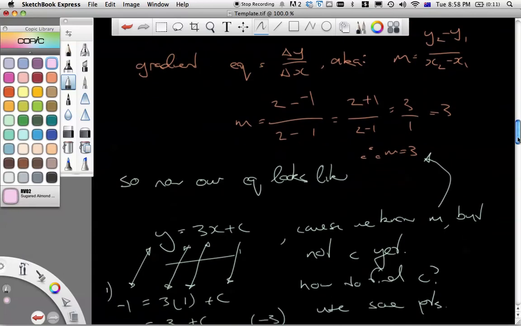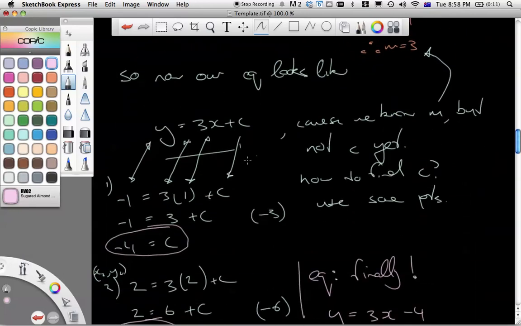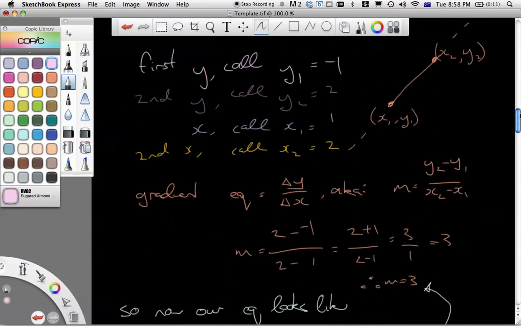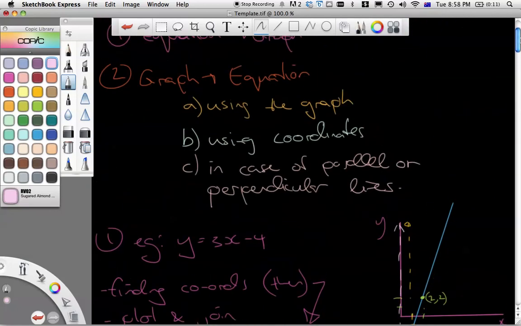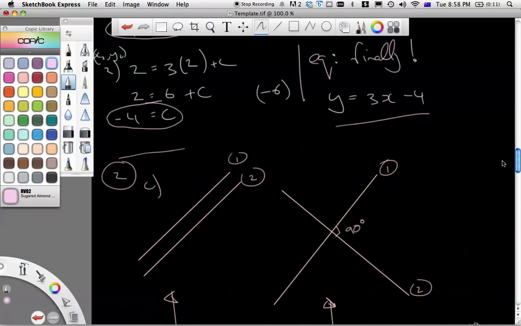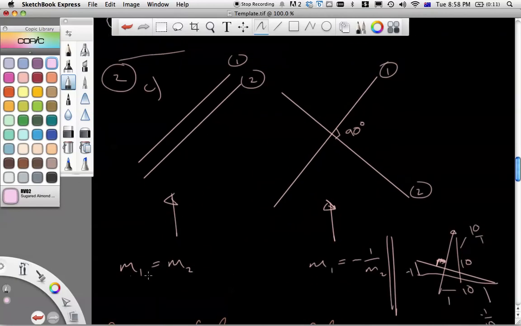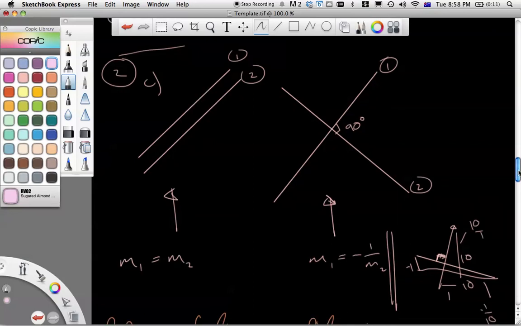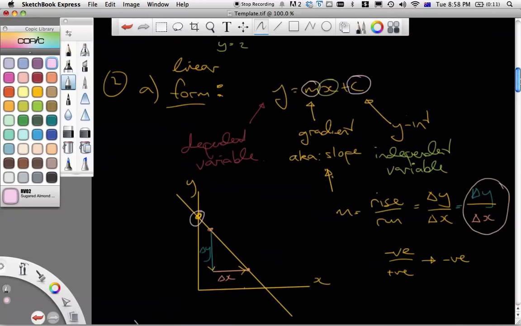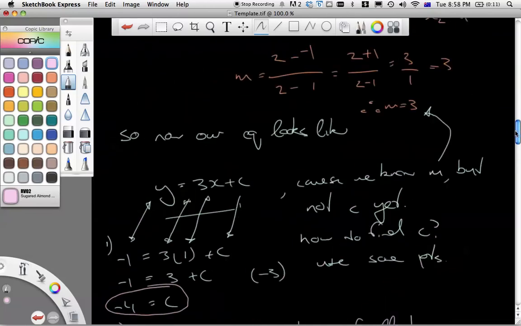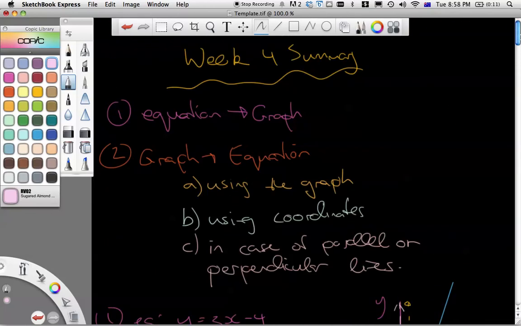Work out your number, then say the equation now looks like this, and sub in some points to get your c value. And then finally, parallel and perpendicular lines: for parallel, the gradients are the same; for perpendicular, the gradients are negative and reciprocal, or just basically what's written down there.